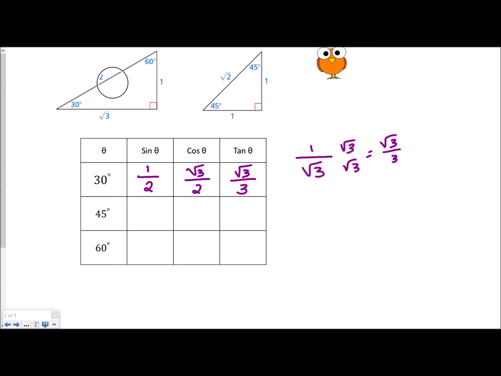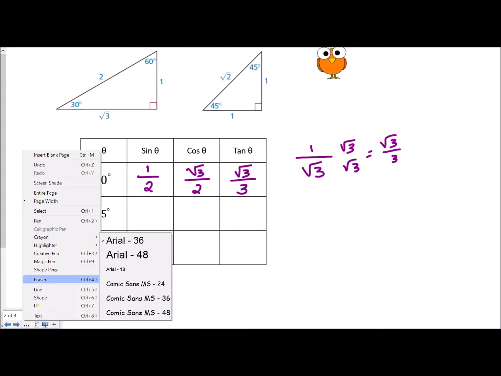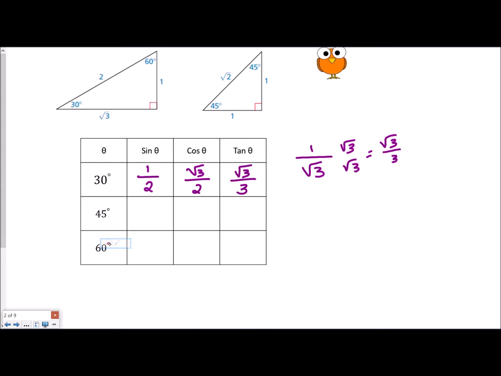Now 45 degrees has a different triangle. These special right triangles, you're going to want to memorize them because everything we're going to do for the rest of the section revolves around those guys. So make sure you're familiar with them. This time we're looking at 45 degrees. Doesn't matter which one you do because they have the same thing opposite and the same thing adjacent. And then here's the hypotenuse. So sine is opposite over hypotenuse.